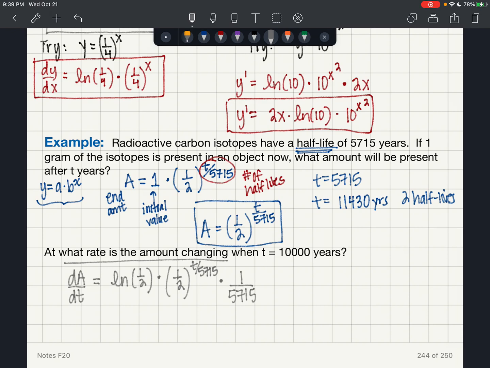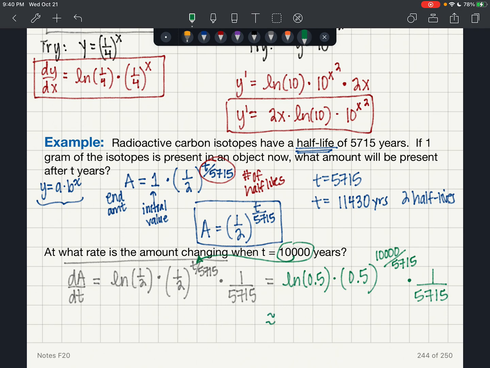And now I'm going to evaluate that when I put 10,000 in for t. And when we put 10,000 in for t, we'll have the natural log of 1/2, I'm just going to put 0.5, times 0.5 raised to the 10,000 over 5,715 power, times 1 over 5,715, and I put all of that into my calculator.